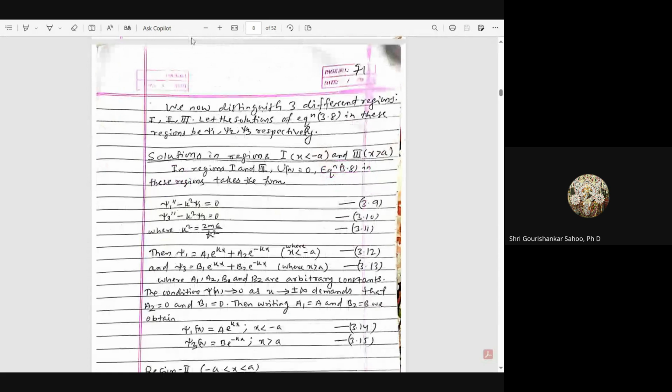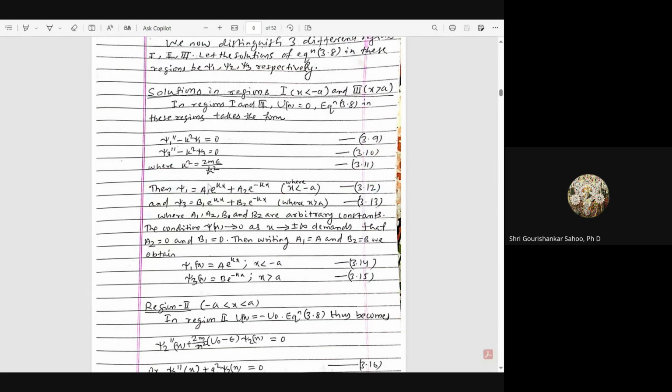So you now distinguish three different regions, 1, 2, and 3. In 1 and 3, U is 0, and in 2, U is equal to minus U0, where U0 is positive. Similarly, the wave functions can be written as psi 1, psi 2, and psi 3 for these three regions respectively.